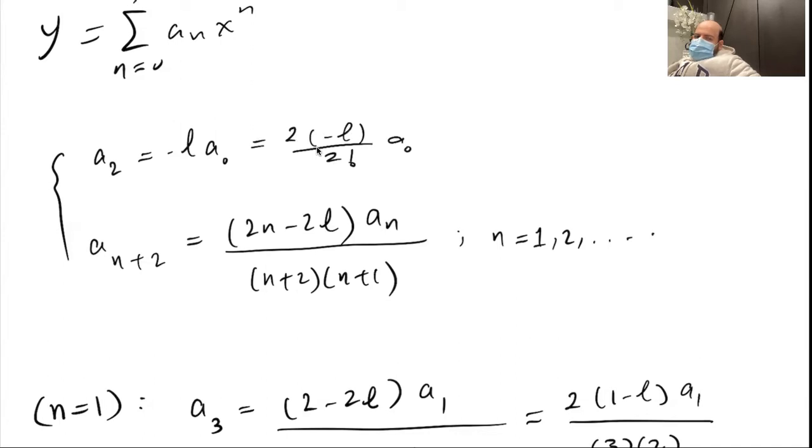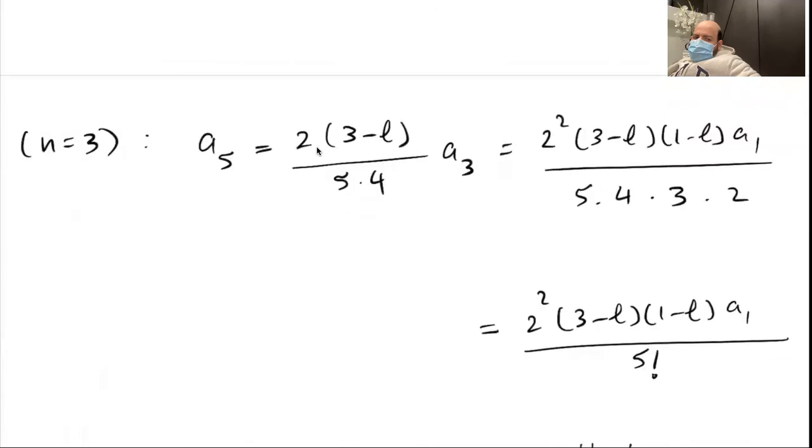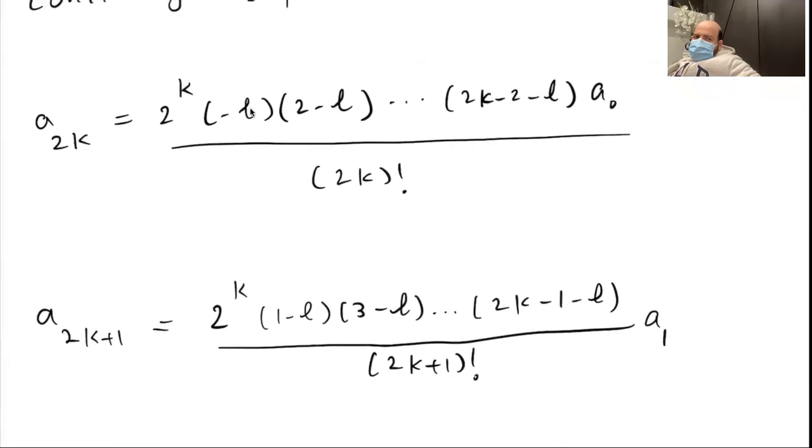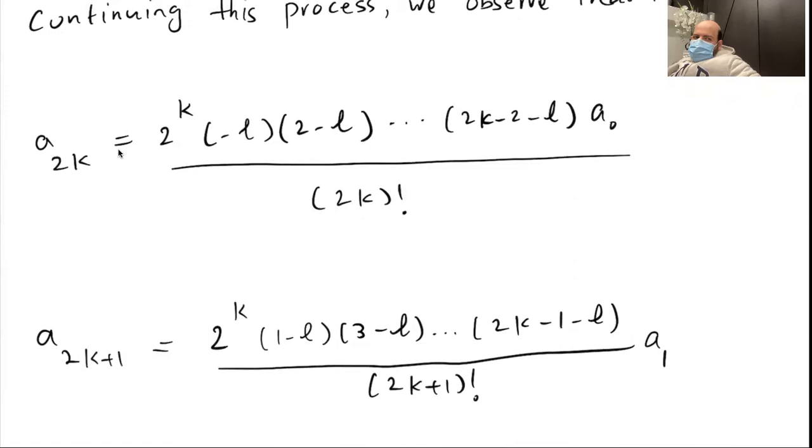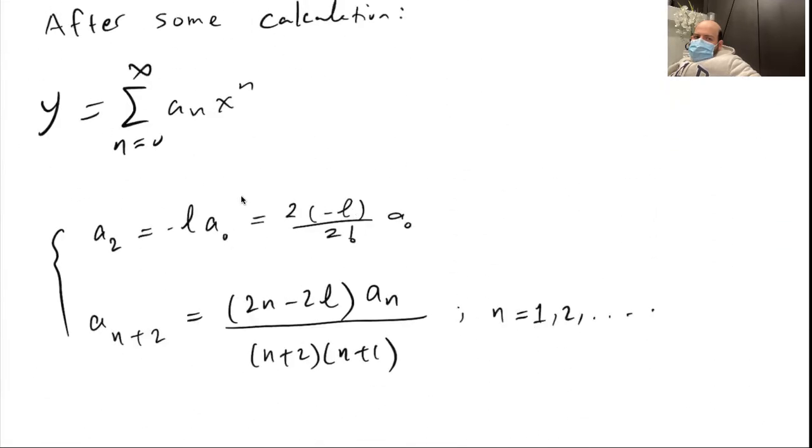Why did I do this? Because I wanted to be consistent with the remaining terms, with the remaining even indices. Because for even indices, we had 2 to some power times minus L all the way to 2k factorial here. So I want this index and this denominator to match. So here, if I had 2 here, I want the denominator to be 2 factorial. So once I divide and multiply by 2, then this index will also match the remaining even coefficients.